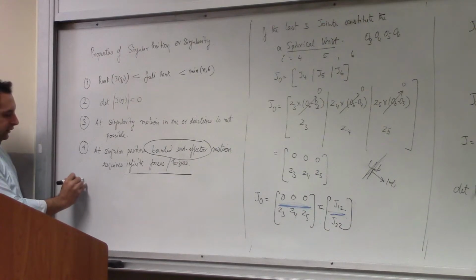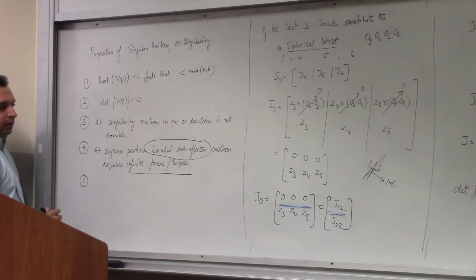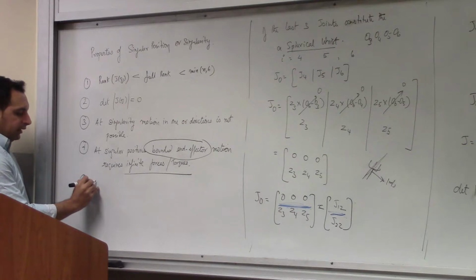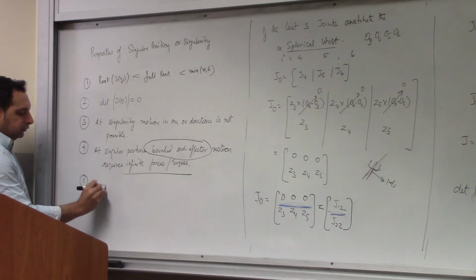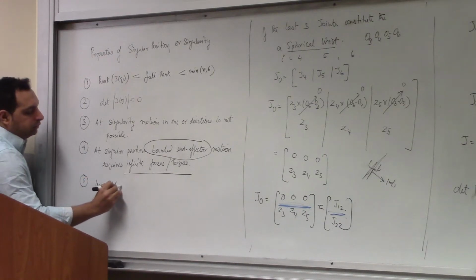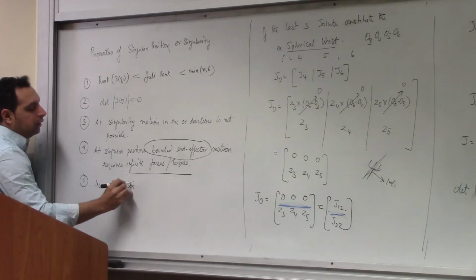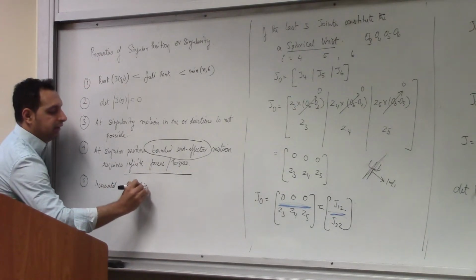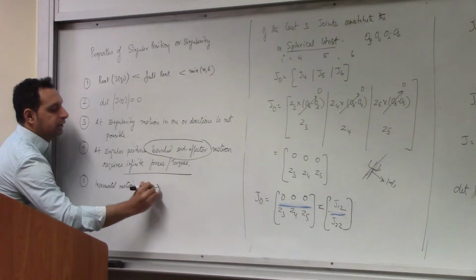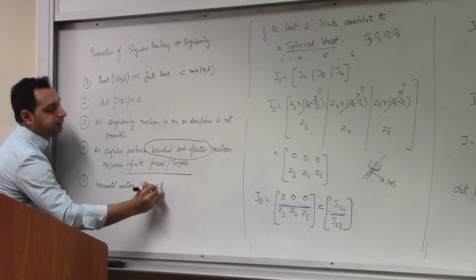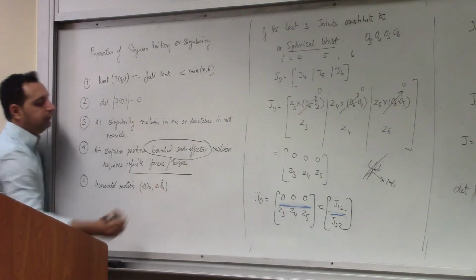And finally, you can say that incremental motion, which can be something like delta Vx or delta theta dot x or y or whatever.